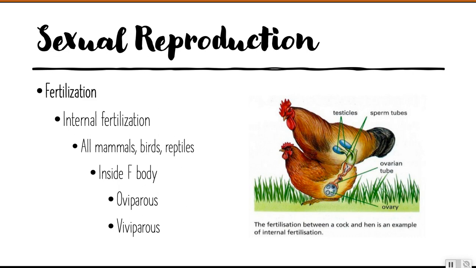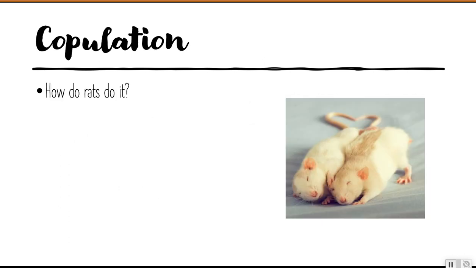This is when live young are born. So again, oviparous is when hard-shelled eggs are laid after internal fertilization, and viviparous is when we have actual live young being born. So a horse would be viviparous, whereas a chicken is oviparous. Virtually all mammals are going to be viviparous.